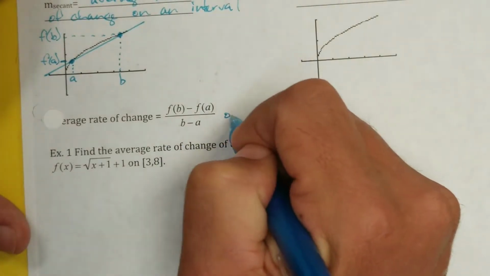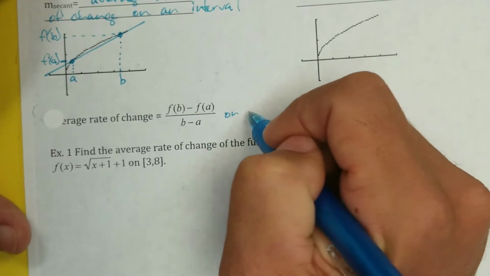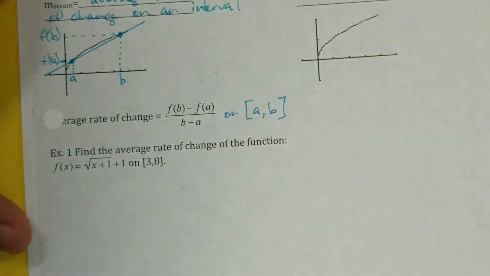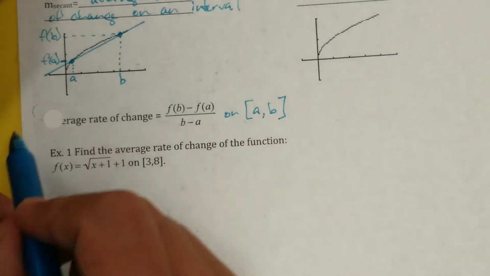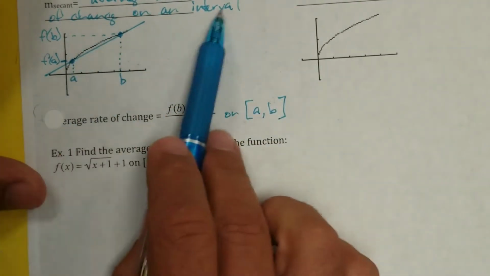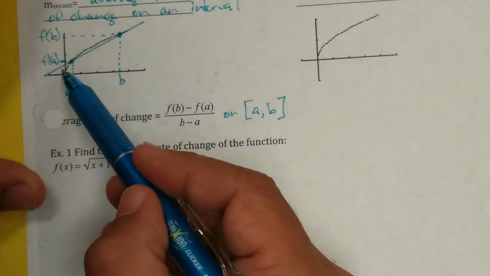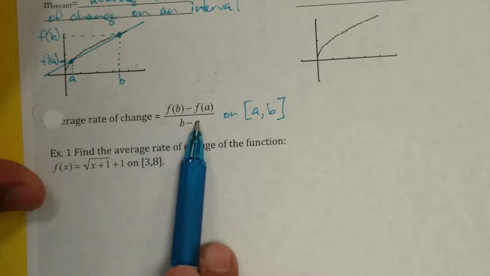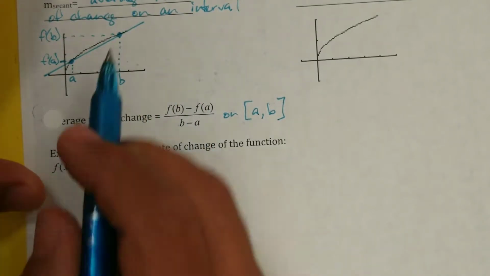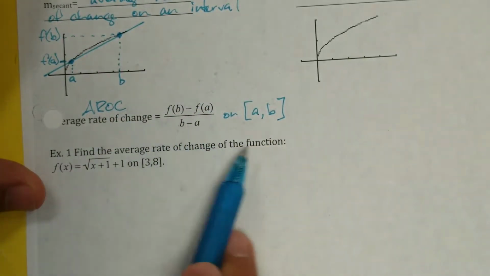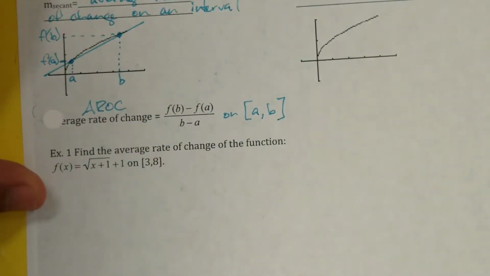And we'll say on this specific interval, on the interval AB. Okay? So again, a secant line gives you the average rate of change. We can find the slope of that line using the slope formula, also known as the AROC formula. The slope formula on a specific interval.